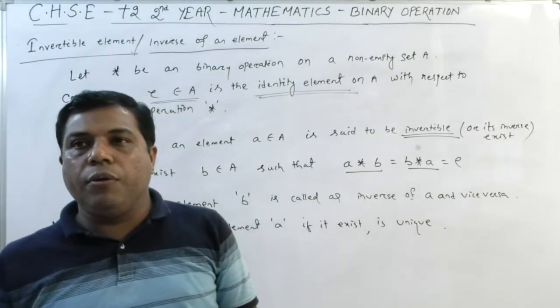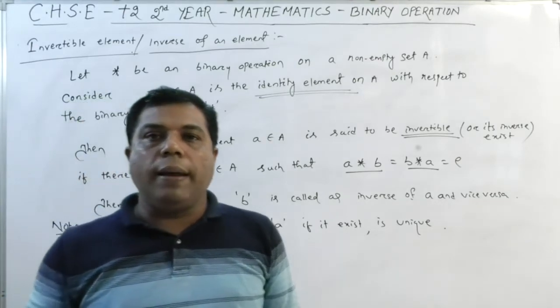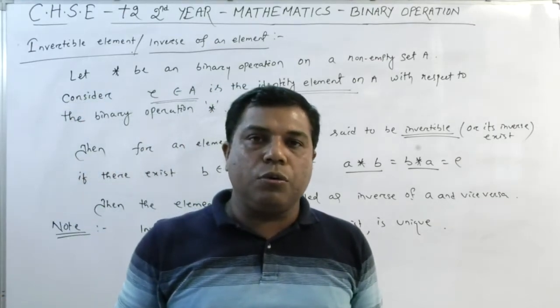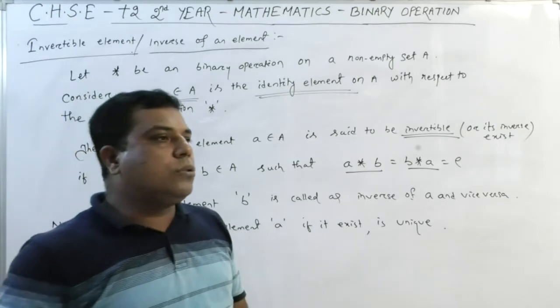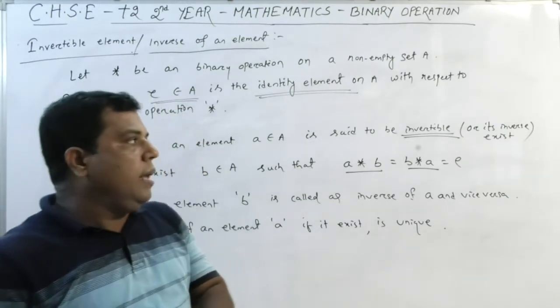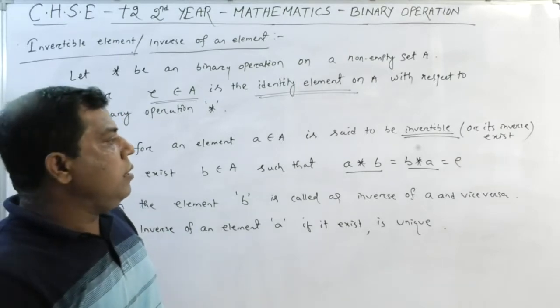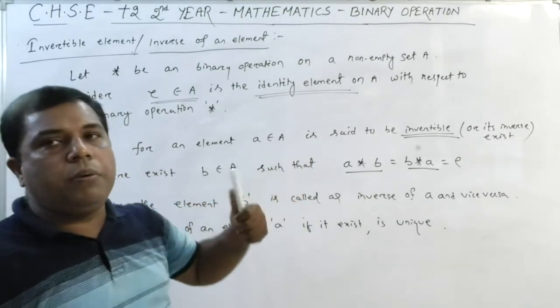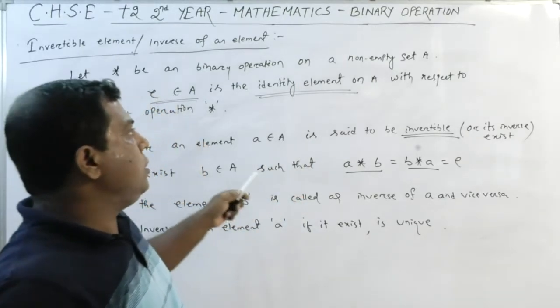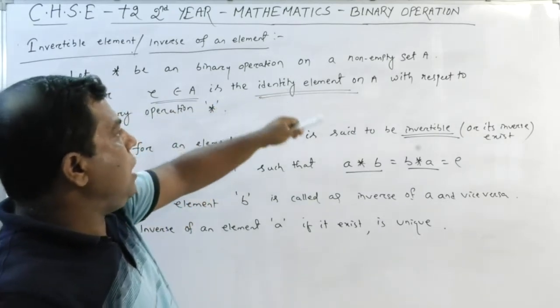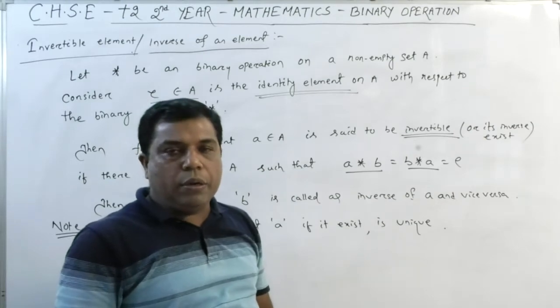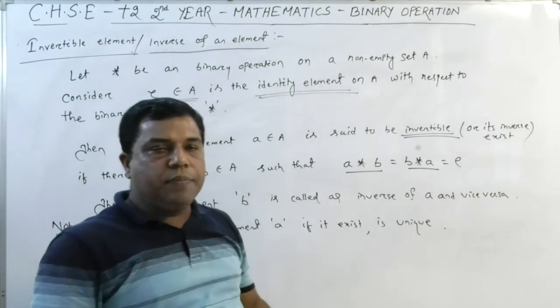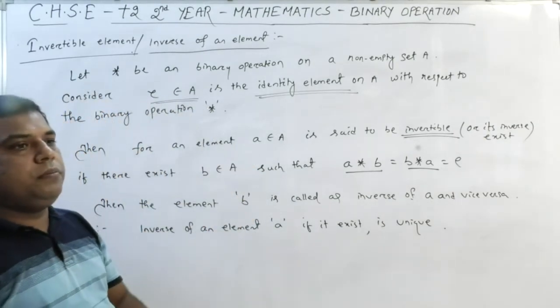It is not unique for the total binary operation or for the total given set. Now we will go for an example to learn the concept of invertible element. So my dear students, please note down those things. Those are important, the concept of the invertible element. Please make a note.